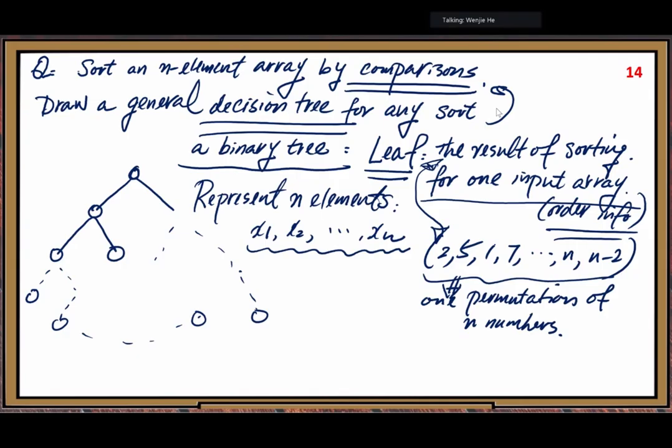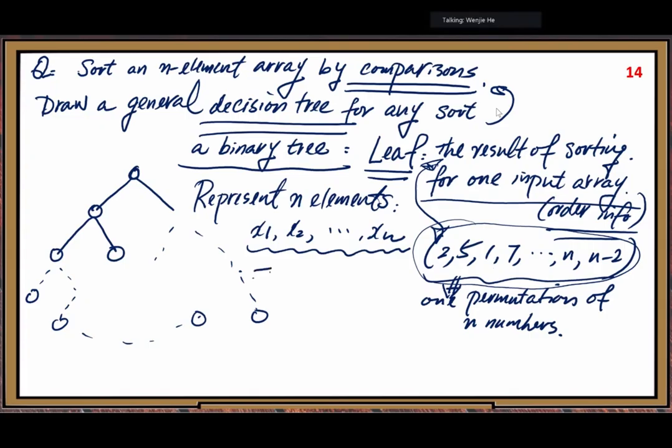Each leaf, in other words, can be represented by one permutation of n numbers. How about that? That kind of abstraction, that symbolic interpretation.